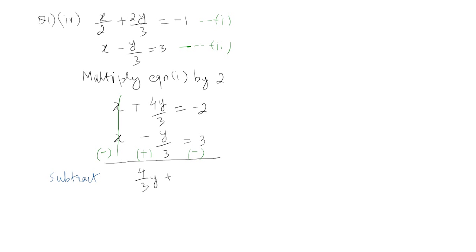Now here you can see they have the same denominator, so I'll take the LCM here. LCM is 3, so 4y plus y is equal to minus 5. 5y upon 3 is equal to minus 5.